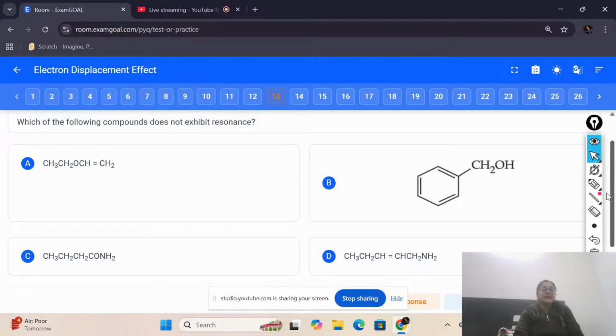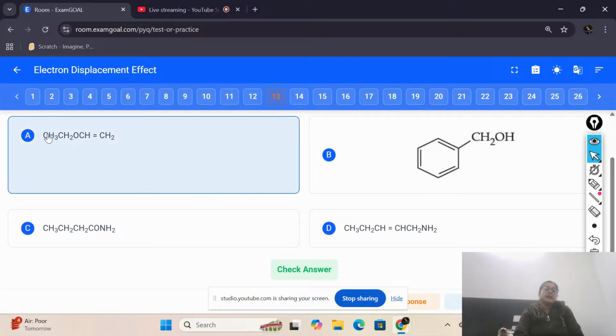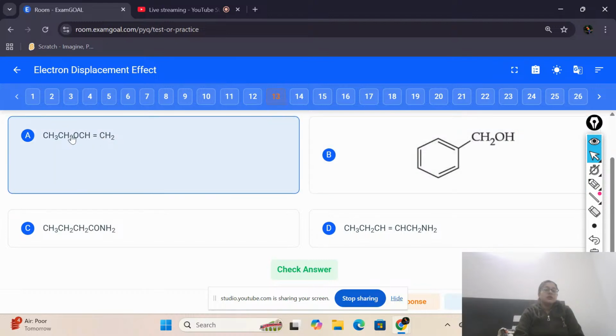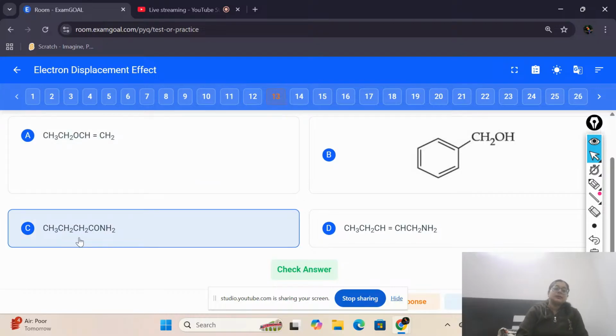Do not exhibit the resonance. For the resonance, here on oxygen there is a lone pair and a double bond. Do not show the resonance. Again, this will show the resonance. Benzene: this is oxygen lone pair, then sigma bond, then double bond, showing the resonance.